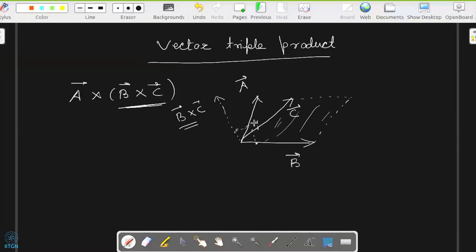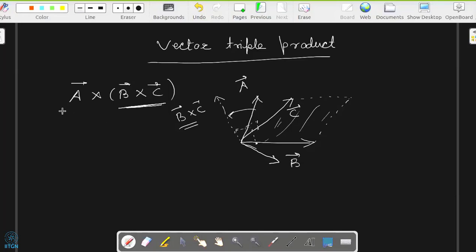Now we have to cross multiply with this vector. If you see, when you do the cross product of vector A with the cross product of vectors B and C, then you will get a vector that will lie in the plane of vector B and C, but at the same time it must be perpendicular to vector A as well.